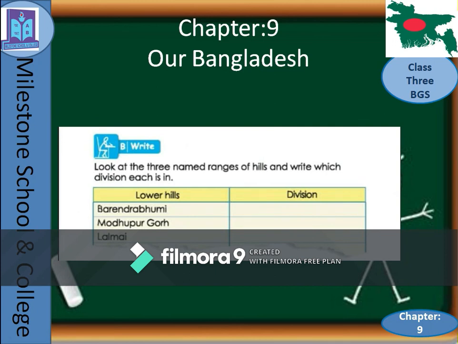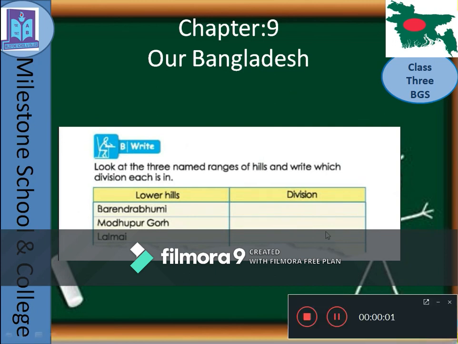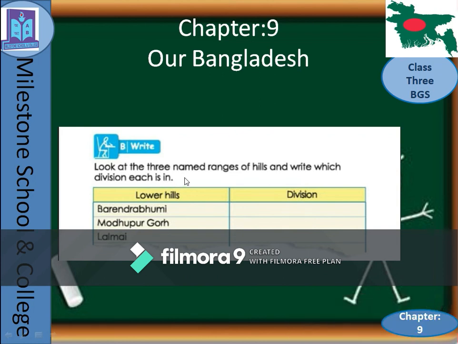Now we are going to solve section B. Look at the three named ranges of hills and write which division each is in. Lower hills. Here three names are written: Borendra Bhumi, Madhupur Gor, and Lalmai. Now we have to identify which division these hill areas are located in.